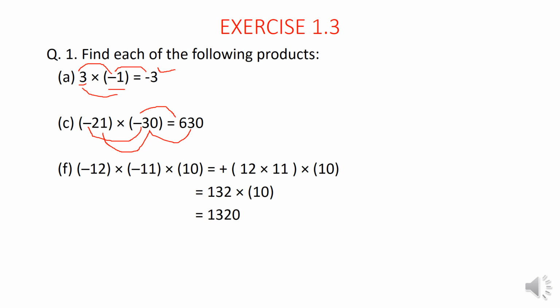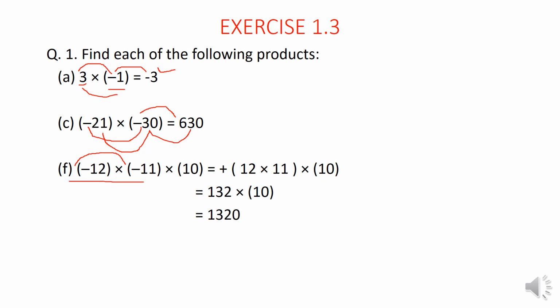Now, let us consider question number F, where you have 3 integers. First of all we will consider the first 2 integers. Here the first integer is negative, that is minus 12, and the second integer is also negative, minus 11.